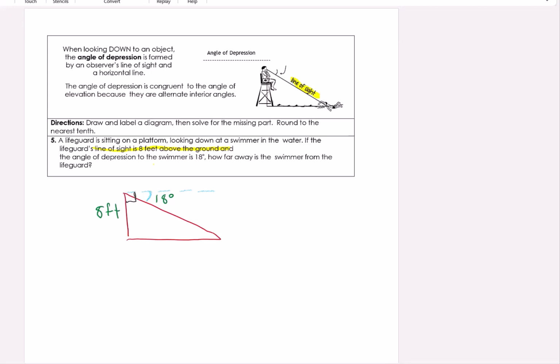And if I have a 90-degree angle, that means that this angle of 18 degrees plus this angle has got to equal 90 degrees. 18 plus, that's what we're trying to find, I'll just call it x, equals 90 degrees. I subtract 18 degrees from both sides.